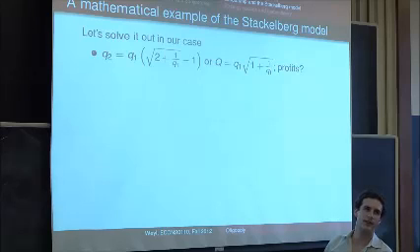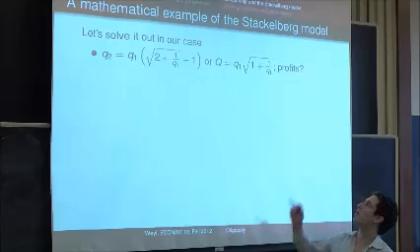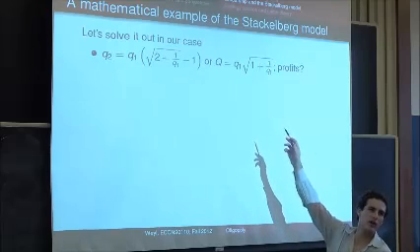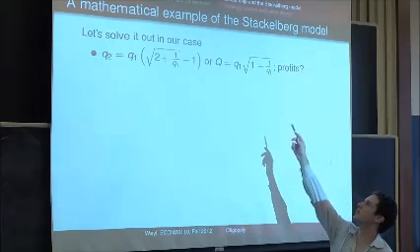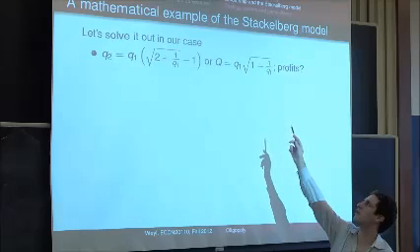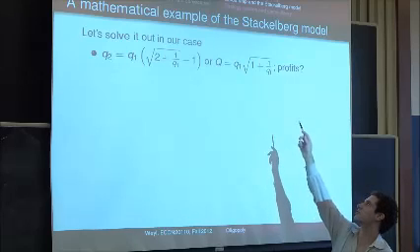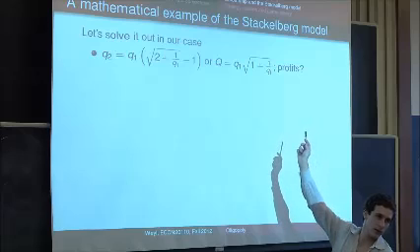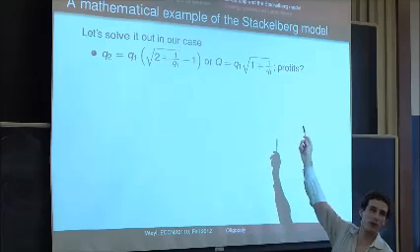So it's Q1, my quantity, times my price, which is 1 over the quantity, so that's 1 over this thing in the square root, minus my quantity. So that's not too complicated.